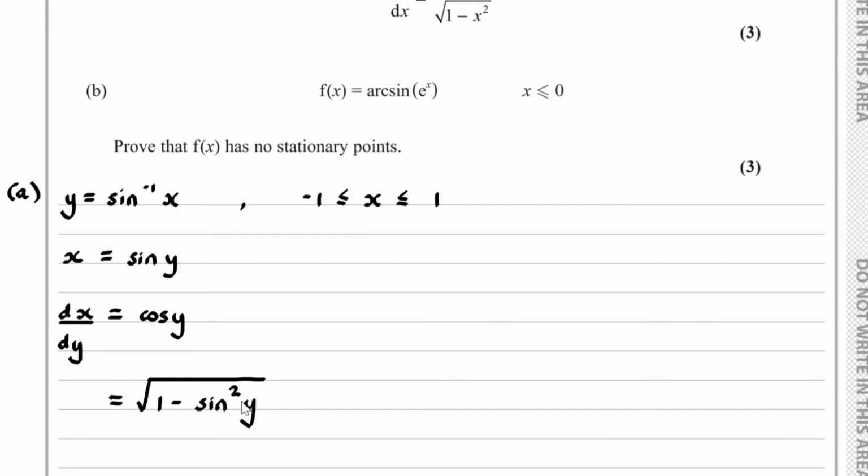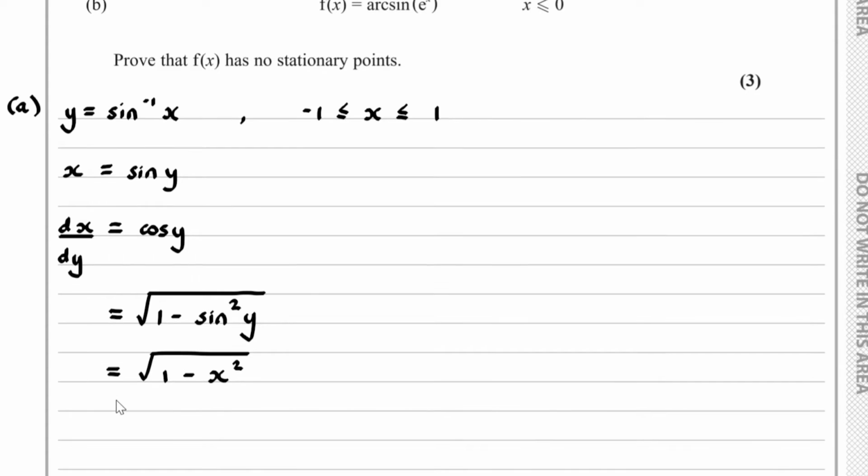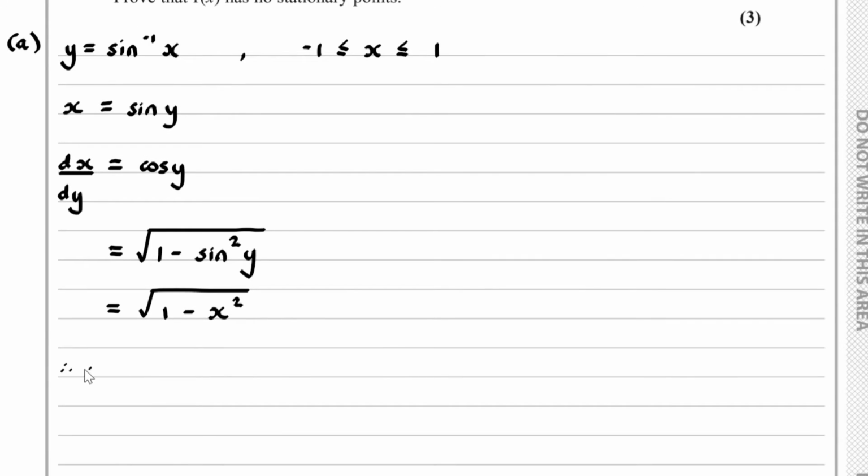And we know that sine y is equal to x, so sine squared y will equal x squared, and therefore dx over dy is 1 minus x squared square rooted. And so therefore dy over dx is equal to 1 over 1 minus x squared square rooted.